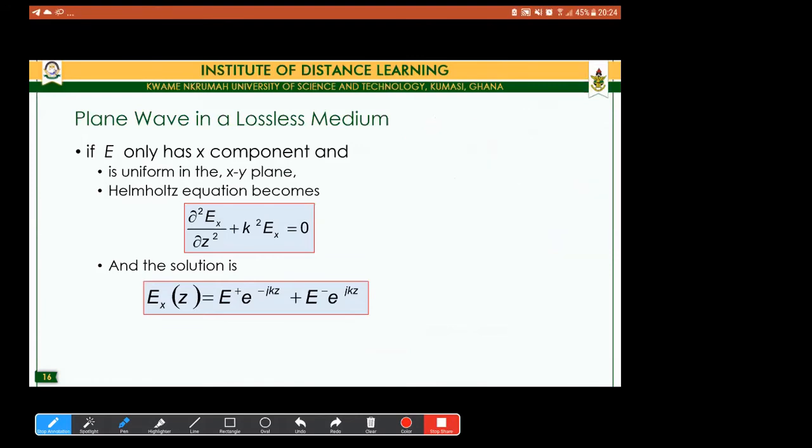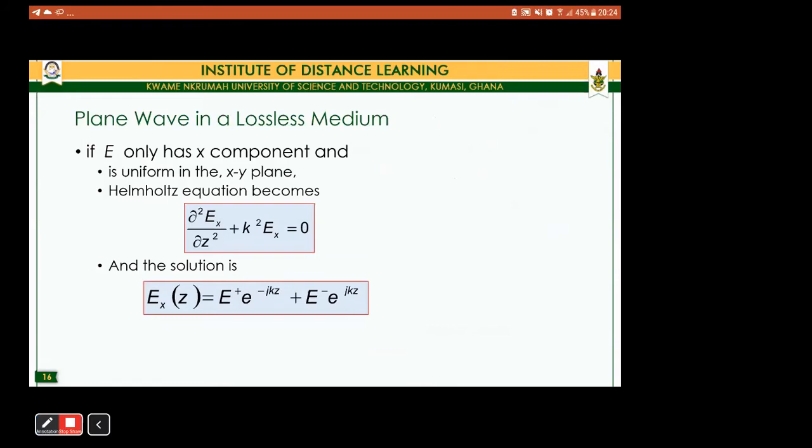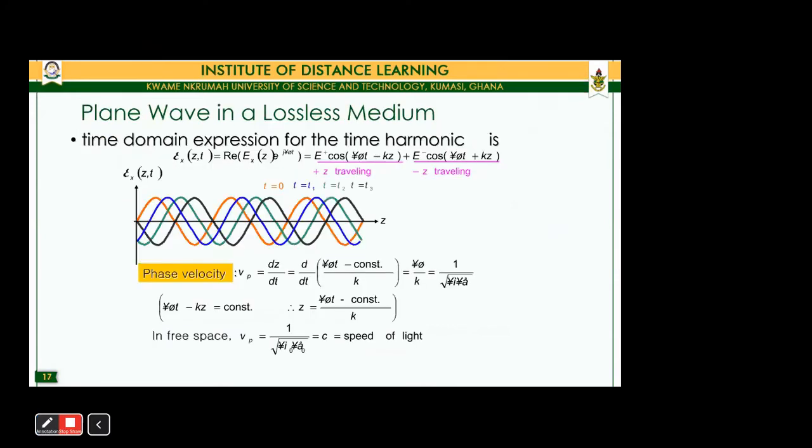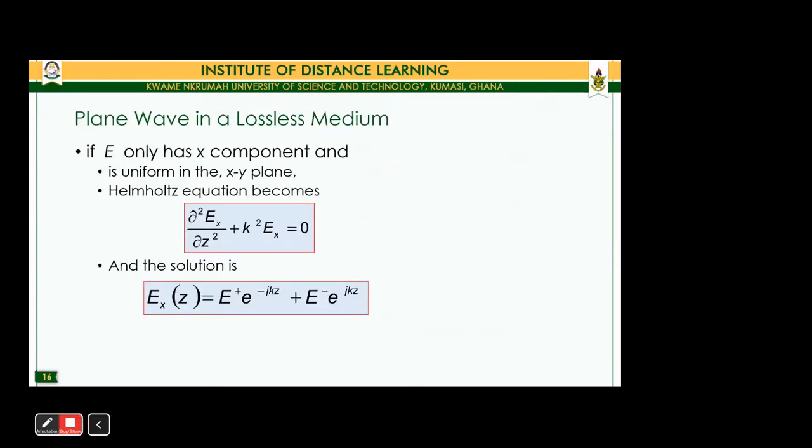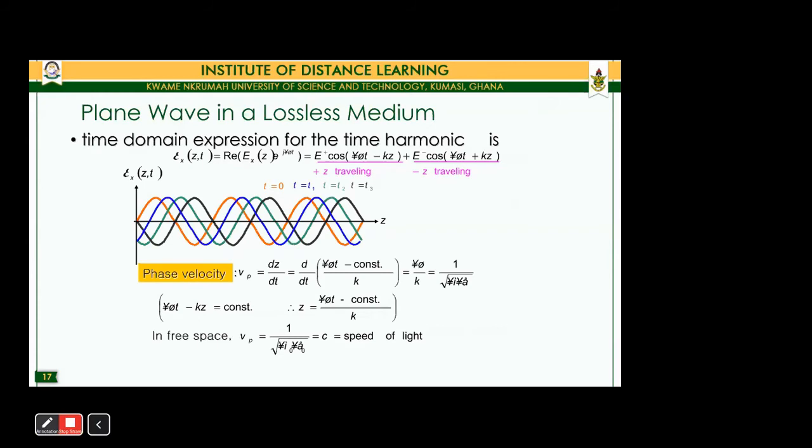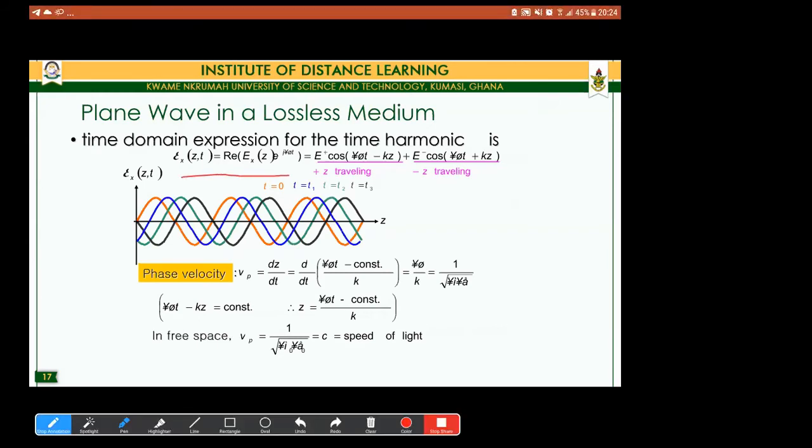So if we write this in sinusoidal function, then the real part of E is going to be E plus cos omega t minus kz, then plus E minus, the two constants, cos omega t plus kz.